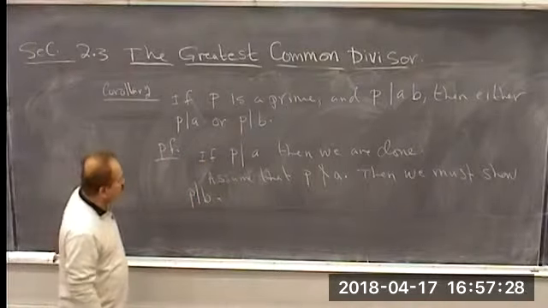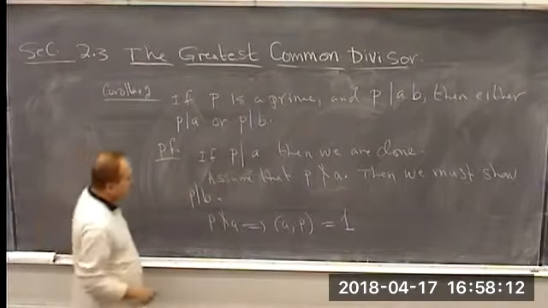When we say that P does not divide A, this implies that the greatest common divisor of A and P is equal to 1, because the only divisors of the prime P are 1 and itself. And since P does not divide A, then P cannot be a divisor of A. So, of course, 1 is a divisor of A, and then this is equal to 1.